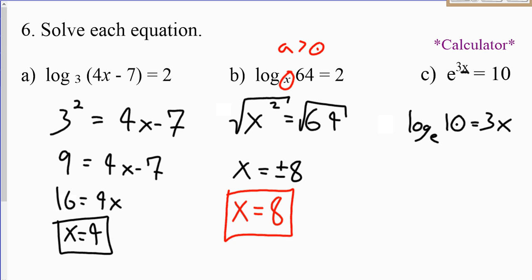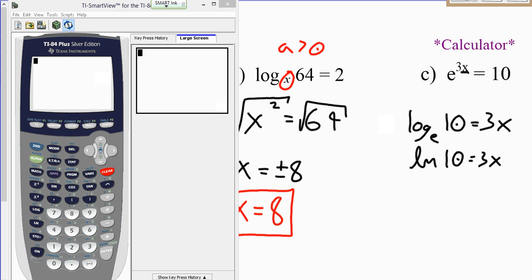Well, log base e, that is my ln. ln of 10 is equal to 3x. So I get my calculator out here, and I first can isolate my x and just realize, all right, divide this by 3, divide this by 3. So I get x equals ln of 10 divided by 3.